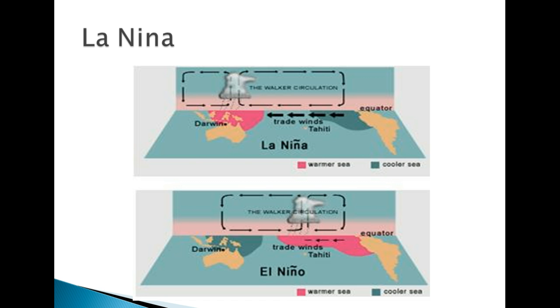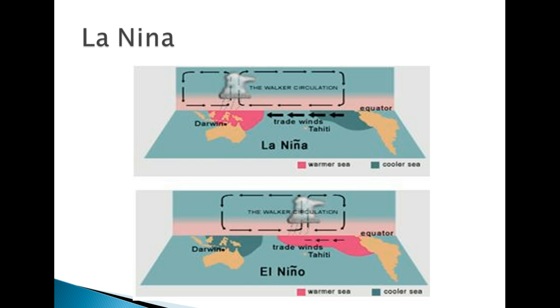And that during a La Nina year, winter temperatures are warmer than normal in the southeast and cooler than normal in the northwest. Okay, so let's just give a quick review of the difference between El Nino and La Nina, just so we understand these conditions.